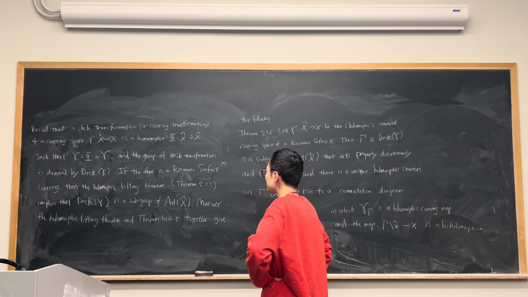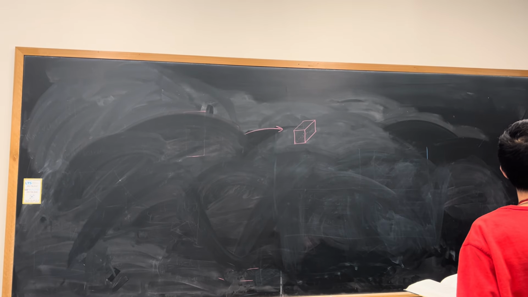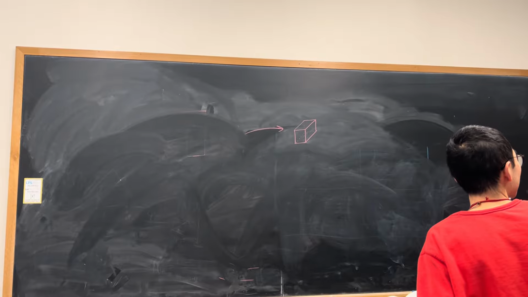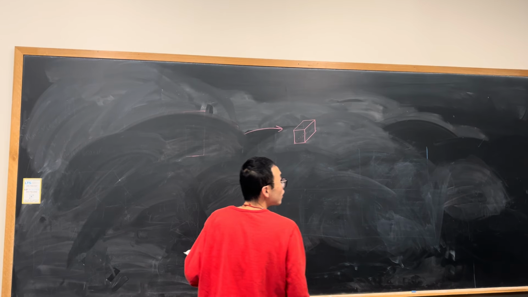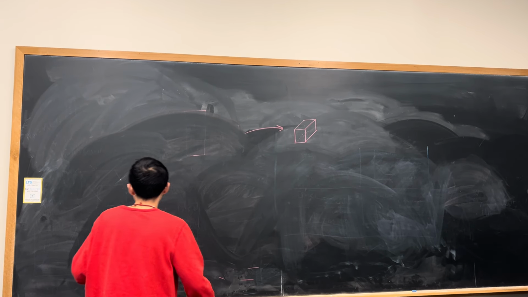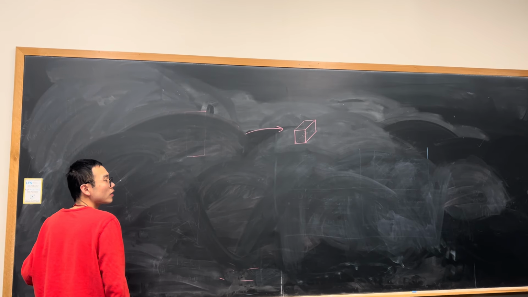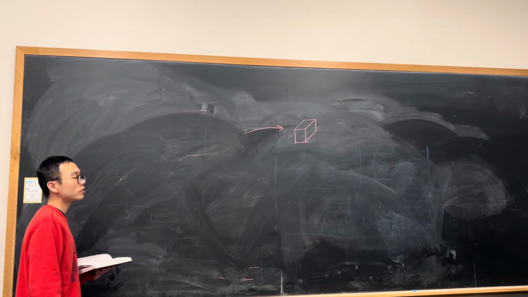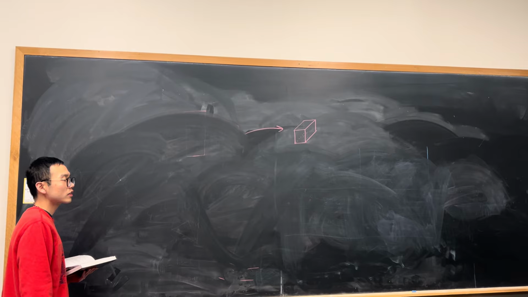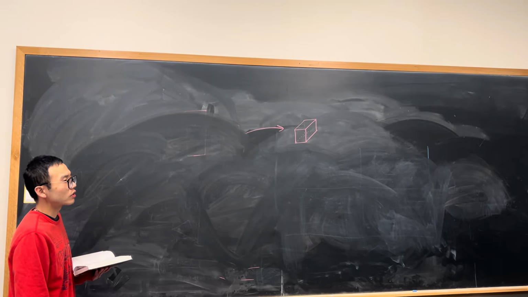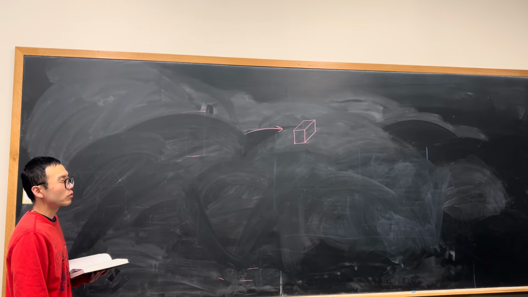So what we want to prove is that if the above is a Riemann surface covering, then the holomorphic lifting theorem implies that the deck transformation group of this gamma is a subgroup of the automorphism group.